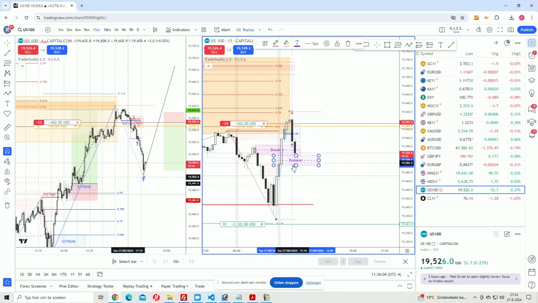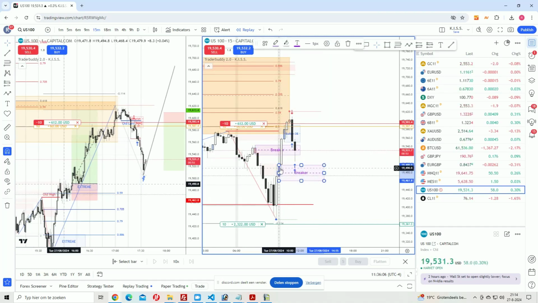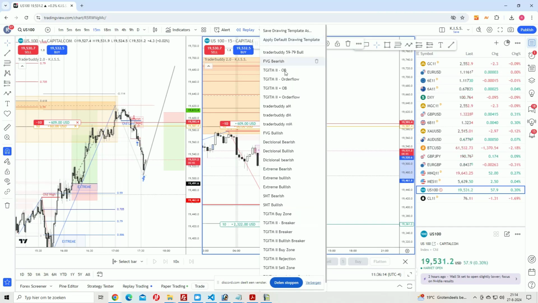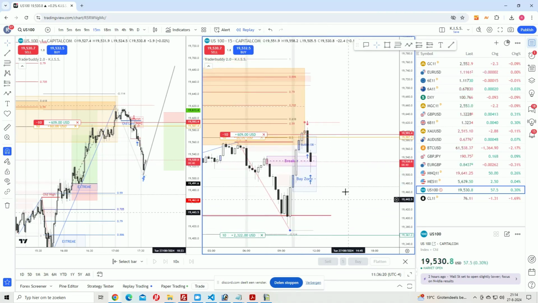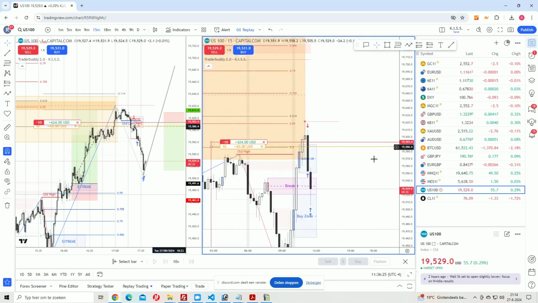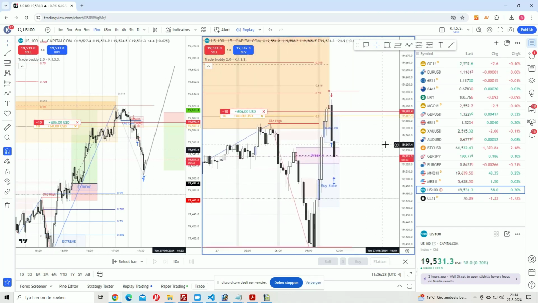I can almost guarantee the price is going up, but never mind. We have a bullish order block here, or a POI zone, a buy zone on the M15. We have a bullish breaker, and we have a fair value gap. According to Mr. ICT, this is a guarantee for higher prices.